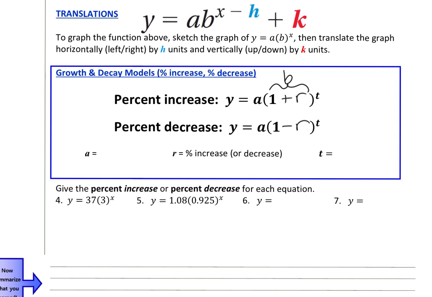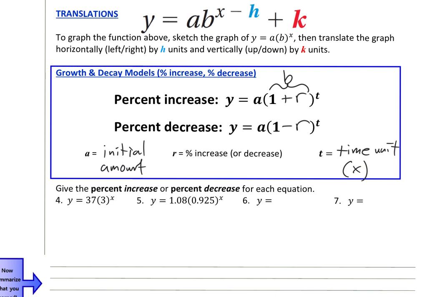So the a, that's the initial amount or the starting amount. And r is your percent increase or decrease. And t, this is usually given a time unit. And this is like your input, so it's like your x.